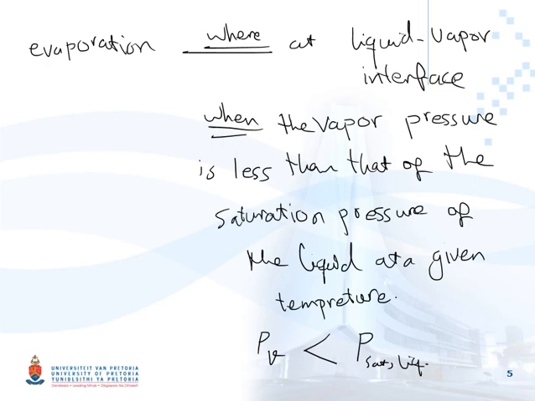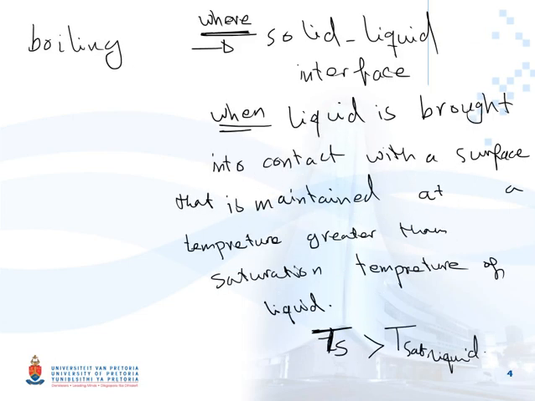When evaporation occurs at the solid liquid interface, it is called boiling. As I told you earlier, the process occurs when the temperature of the surface T_s exceeds the saturation temperature T_sat corresponding to the liquid pressure. So heat will be transferred from the solid surface to the liquid and will be expressed by Newton's law of cooling.